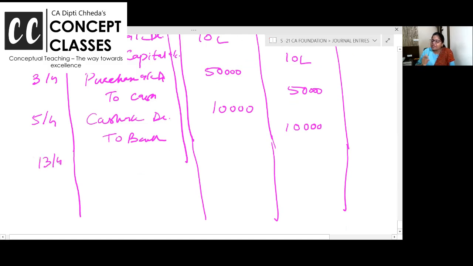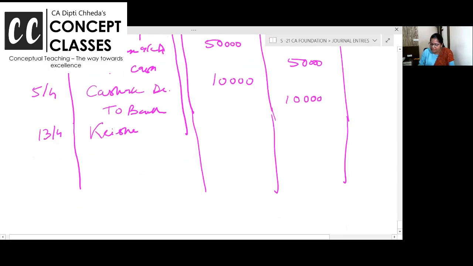13th of April. Sold the goods to Krishna on credit. So Krishna's account debit. He's our debtor. Krishna to sales. Some network issue is there.